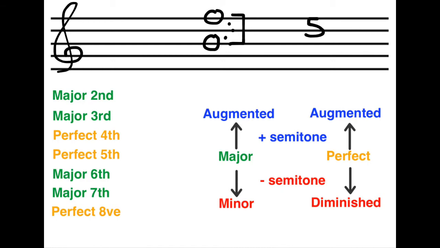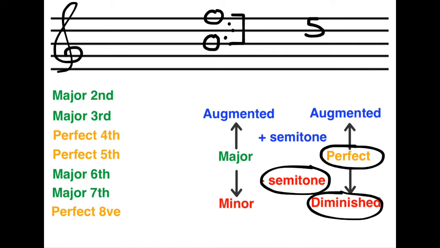So again, we've made that interval smaller. We've made what would have been a perfect interval, a perfect fifth, we've made it smaller by a semitone. So it becomes a diminished fifth. A small case for D. Okay. So when you're dealing with minor intervals and diminished intervals, always use the lower case for your descriptions. Okay, so diminished fifth.